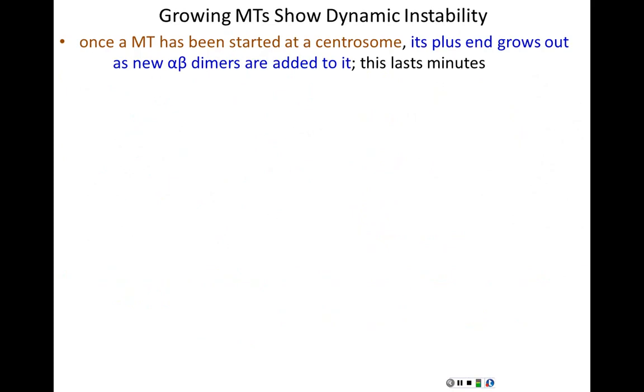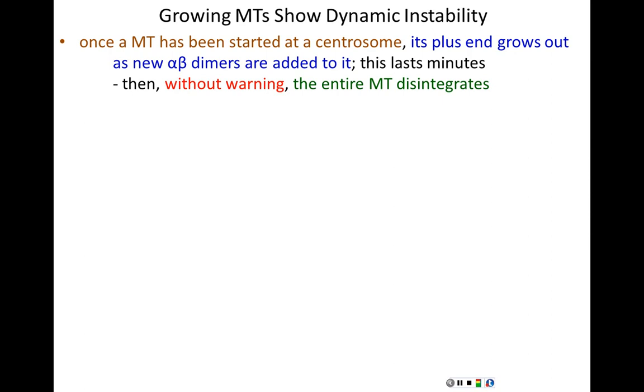Once a microtubule has been started at a centrosome, it grows. Tubulin dimers are added to the plus end, it grows out, and eventually we make contact with some other structure. And this growing, this addition of new alpha and beta dimers being added to a growing microtubule, this lasts for minutes. Sometimes, though, quite often, without warning, a very peculiar thing happens.